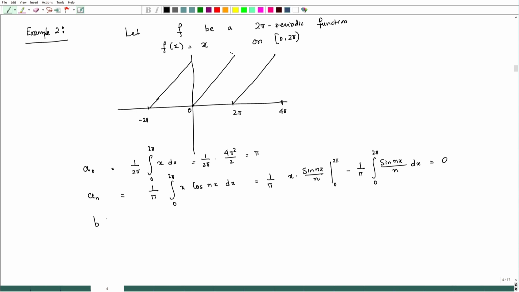Now, b_n is equal to 1 by pi, integral from 0 to 2 pi of x sin(nx) dx, which again by integration by parts is 1 by pi, x times the integral of sin, which is minus cos(nx) by n, from 0 to 2 pi, and then minus minus, plus 1 by n pi, integral from 0 to 2 pi.